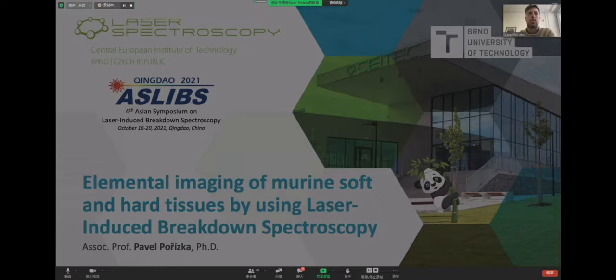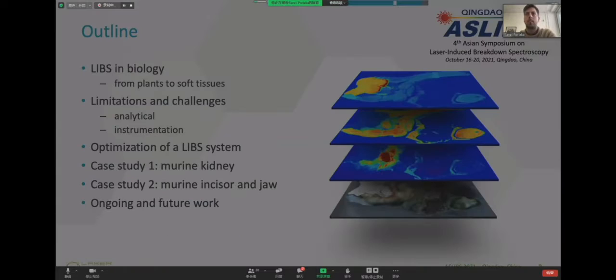So the outline: I will briefly start with an introduction to LIBS in biology. We have already seen a really nice talk by Vincent Motoros and other colleagues, so I'm not going to speak too much about the basics and about the imaging as such.